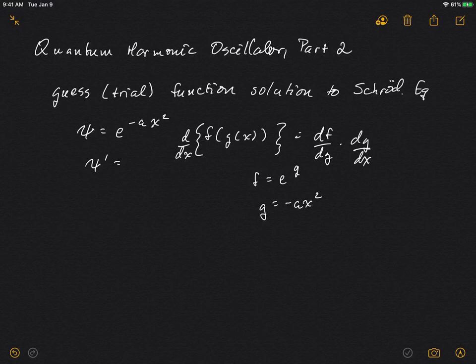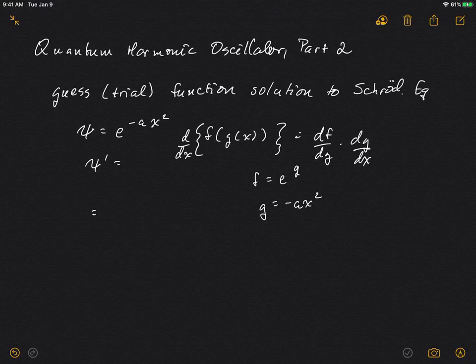So that's going to give us the first derivative of the exponential, which is just 1 times e to the g, the derivative df dg.